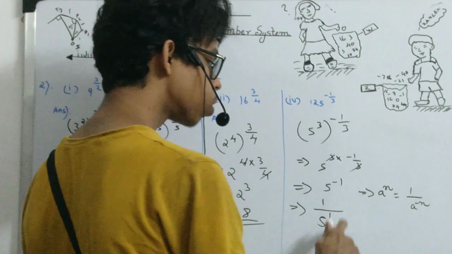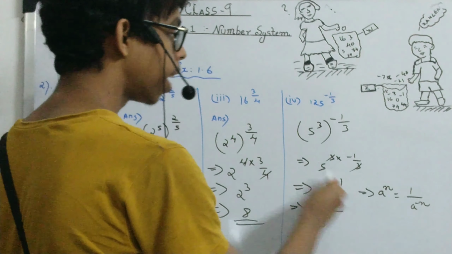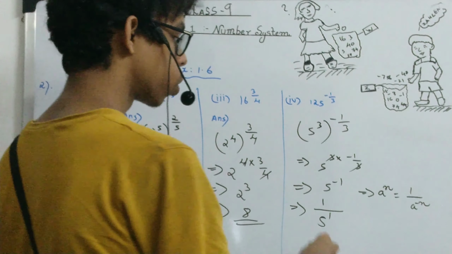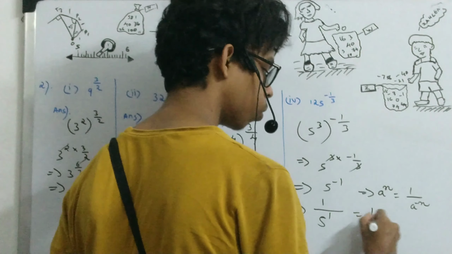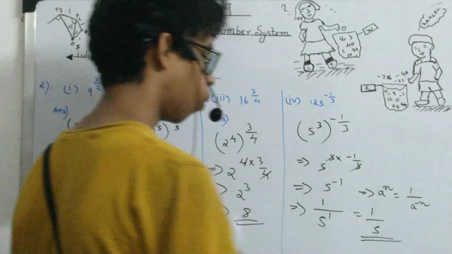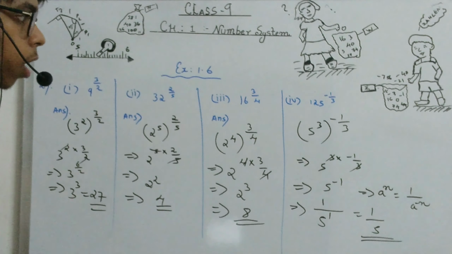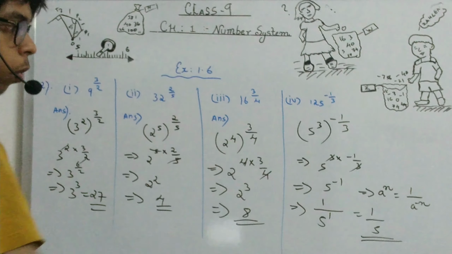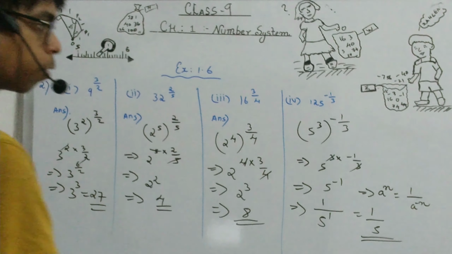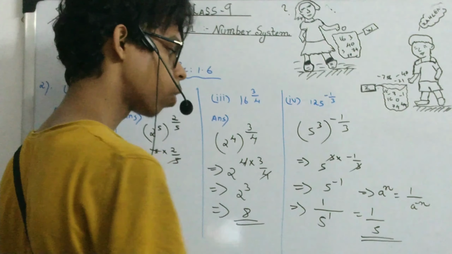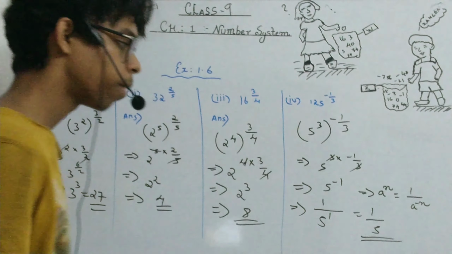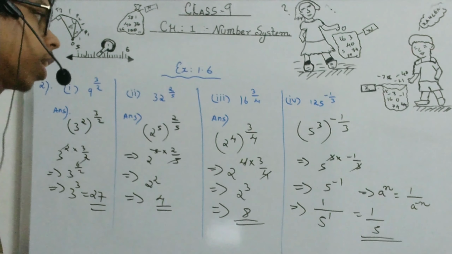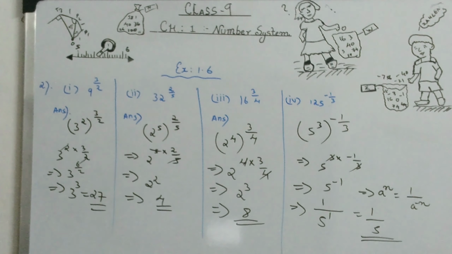When something in the numerator goes to the denominator, the sign of the power will change. So I will get the answer as what? 1 by 5. Okay, so this is your answer. Whenever there is a negative power and it goes to the denominator, it becomes positive. If it was plus 1 and it goes to the denominator, it would have become 1 by 5 raised to minus 1. Okay, I hope I am clear with all the questions in the second one.